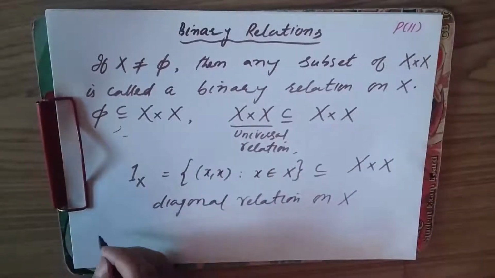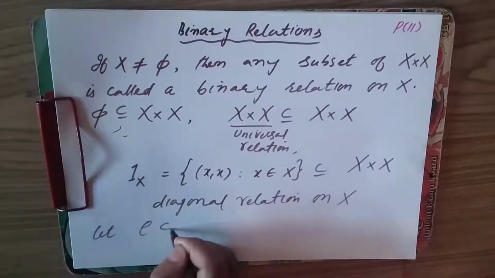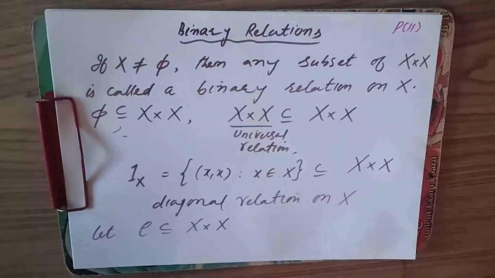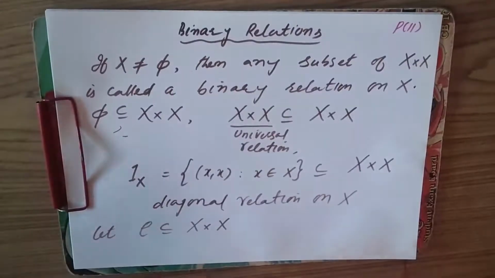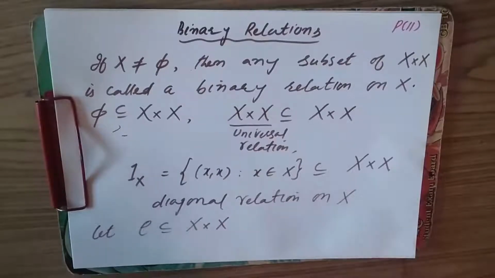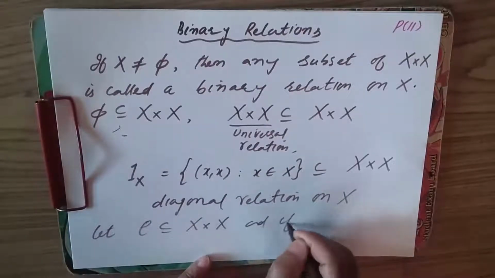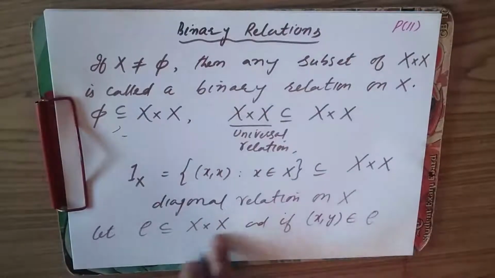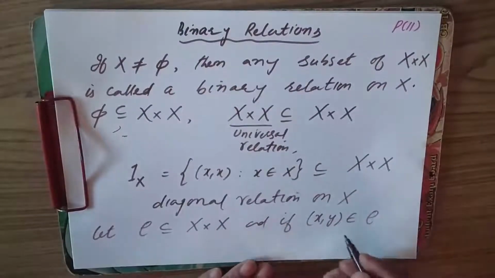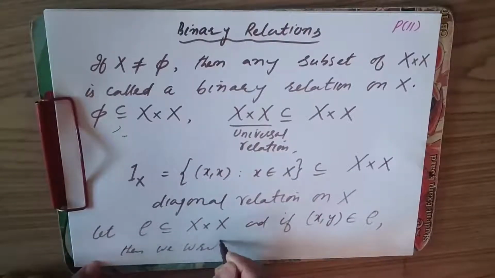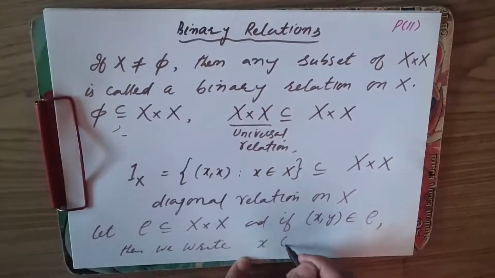And let rho be any relation, so rho is a subset of X cross X. That means rho is a set of ordered pairs, because X cross X is a set of ordered pairs with both entries in X. If an ordered pair (x, y) belongs to rho, then we write it as x rho y, x is rho related to y.